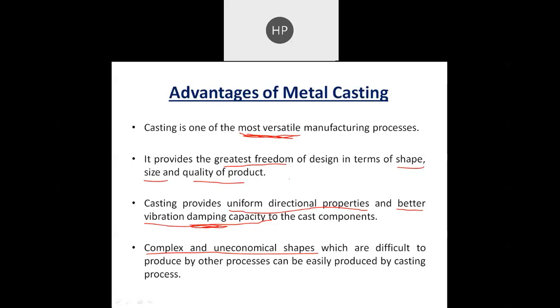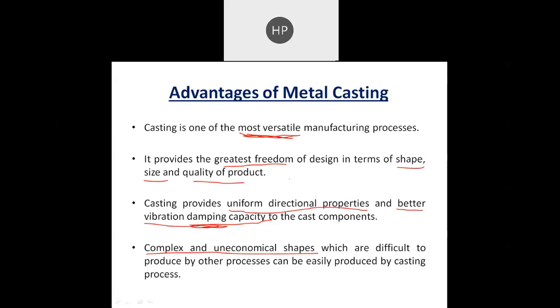A simple example, as we have already discussed, is the IC engine of a bike or the IC engine of a car. It is very difficult to produce by machining or welding process, while by use of a casting process, those complex shapes can easily be produced.